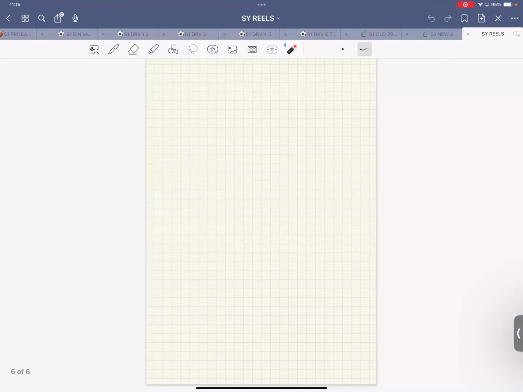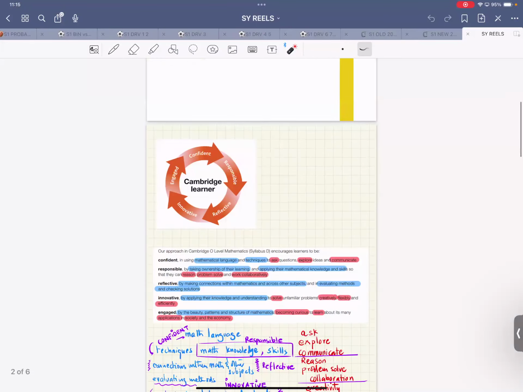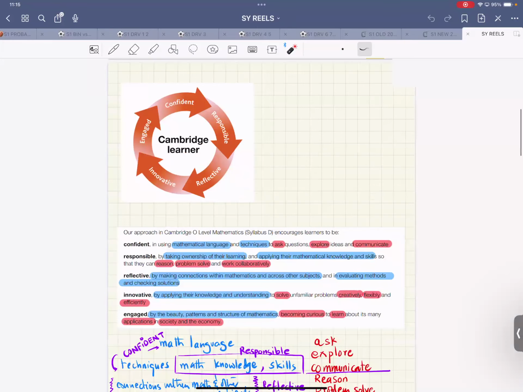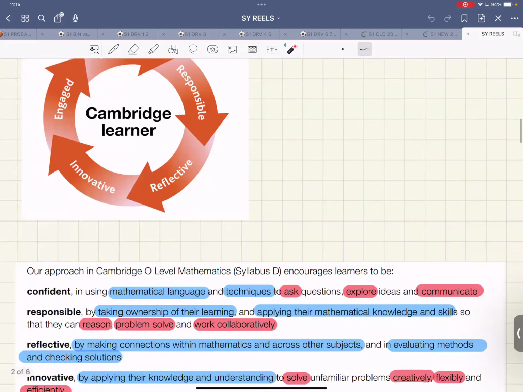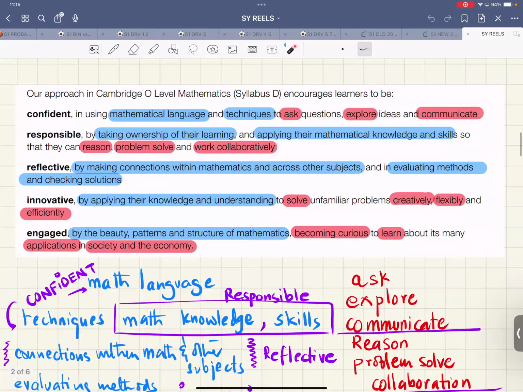Now I was just going through something, just off the record. When we look at the outcomes that Cambridge wants to develop in students, they talk about being engaged, confident, responsible, reflective, innovative, and so on. One of the things is being confident in using mathematical language and techniques to ask questions, explore ideas, and communicate. And then it's about reasoning, problem solving, collaboration, thinking creatively, becoming curious.